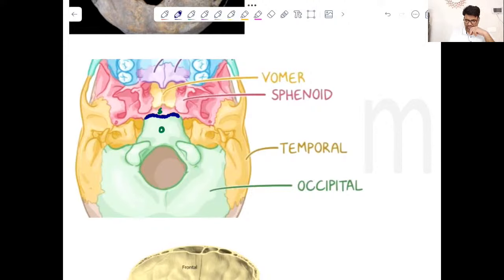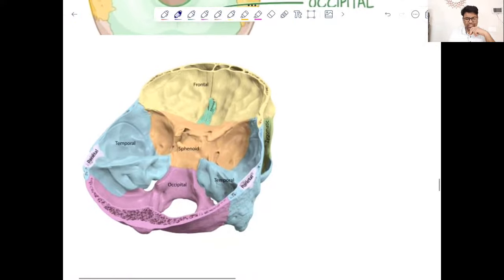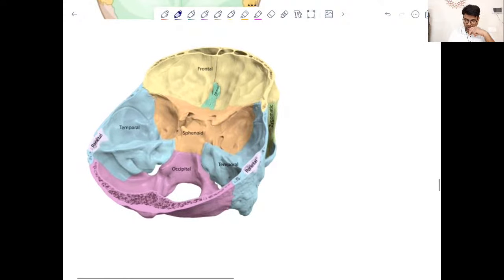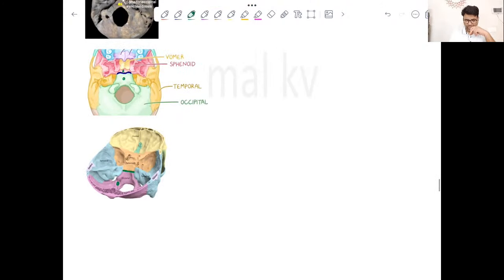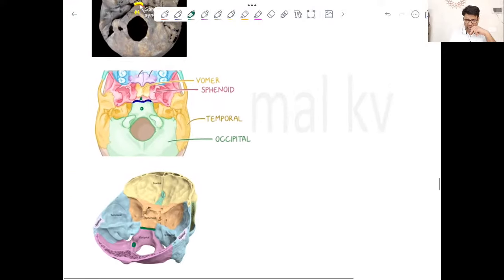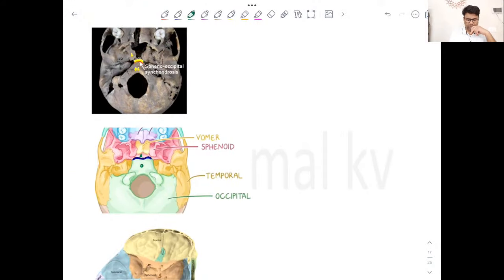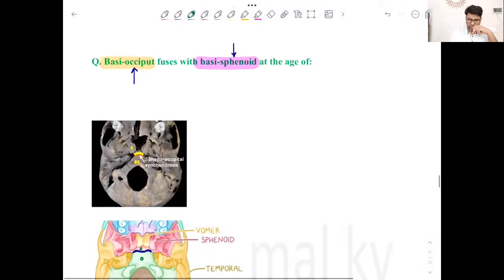The same thing we can see when we remove the vault and look at the internal cranial cavity. Here the orange part is all sphenoid and the pink part is all occipital bone, right? So this area is the base sphenoid and base occiput junction. This is what I wanted to demonstrate, the landmark we are discussing in this question.